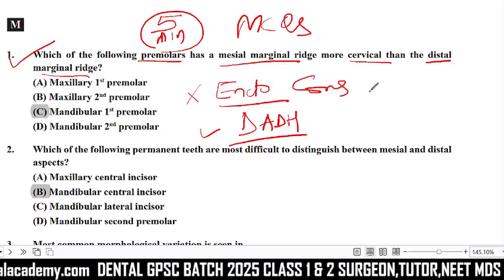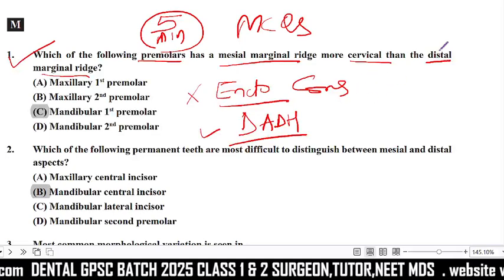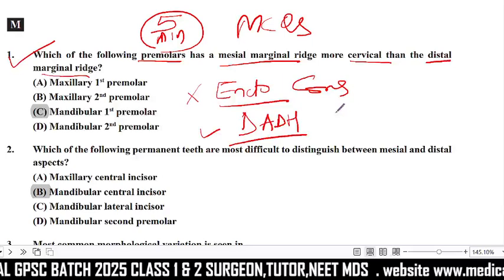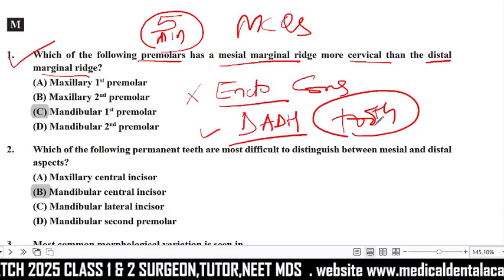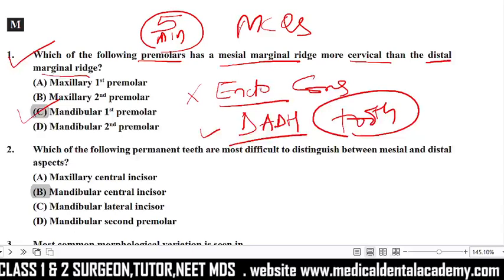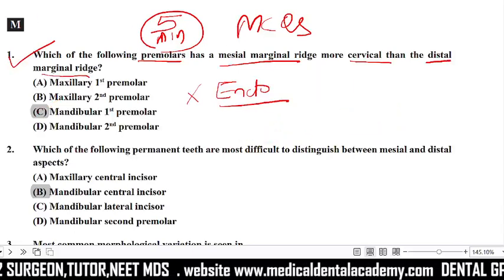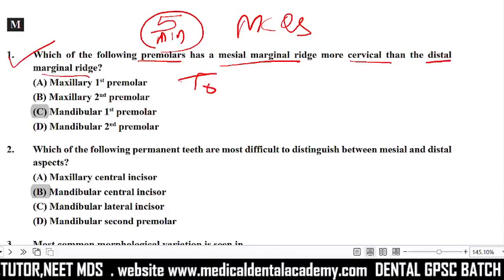So why are people asking this? Because overall you are a dentist, which by itself tells you that you should know everything about the tooth. So they can ask this question. Apart from DADH, why is this question important for endo and conservative? Because while doing tooth preparation, you should know the anatomy.